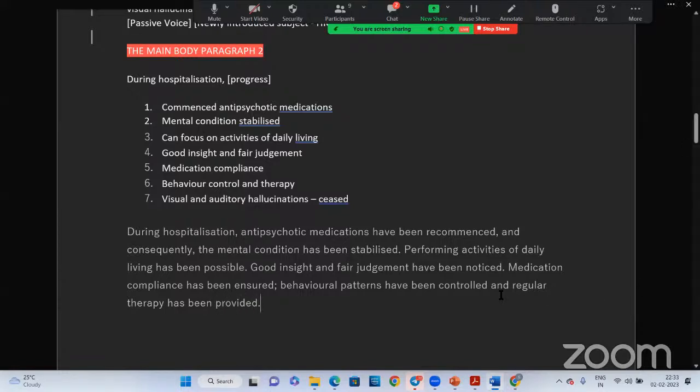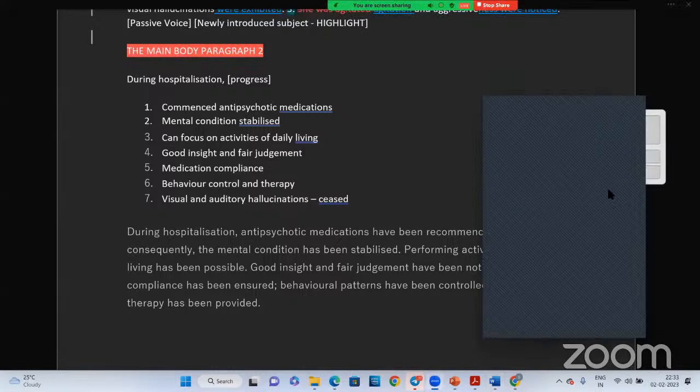Full stop. So this is called a listing of things. This is the first sentence, this is the second sentence, third sentence, joined with semicolons.